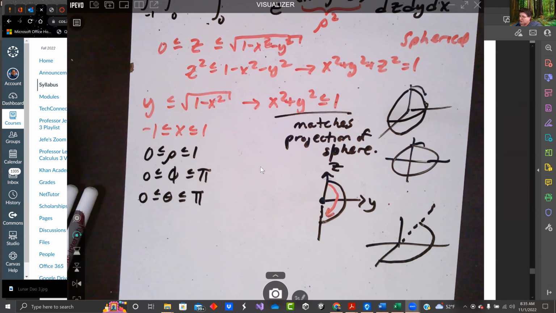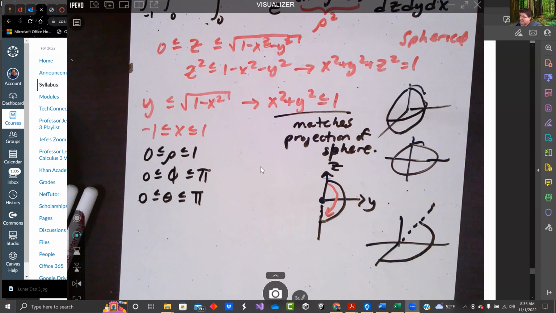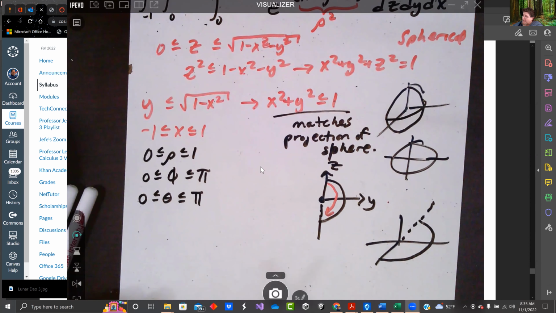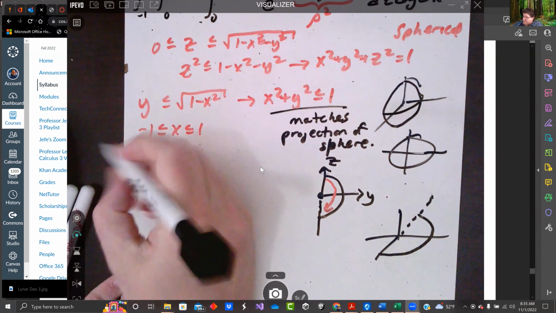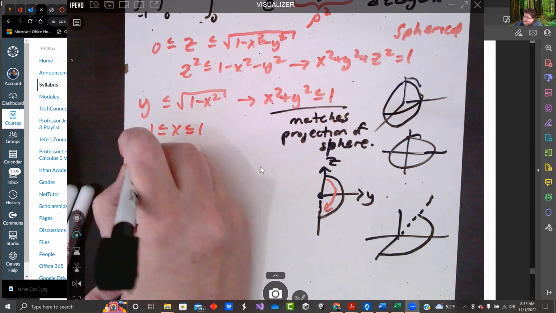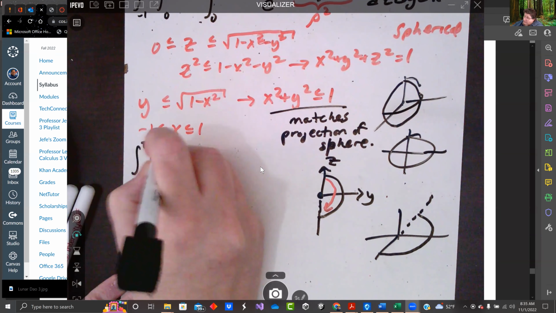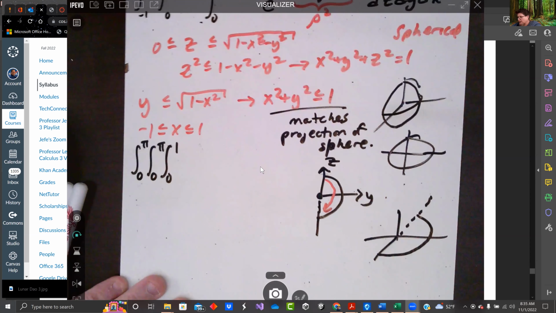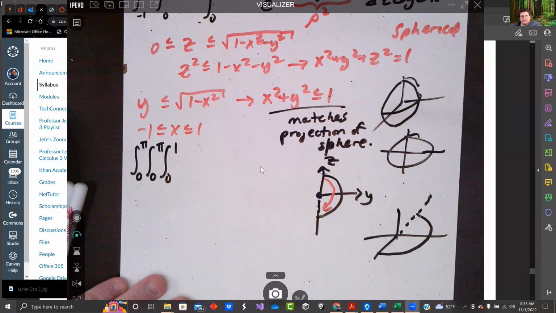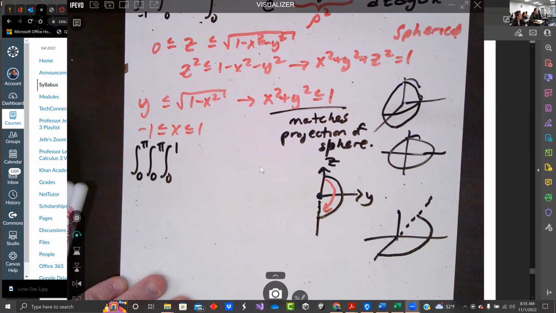All right, so the two angles go to pi and the radius goes to 1. I'm gonna write that out up here. What happens to our function inside the integral?